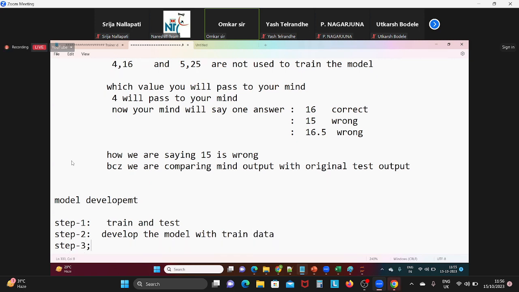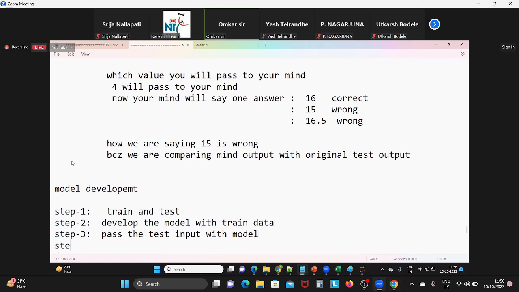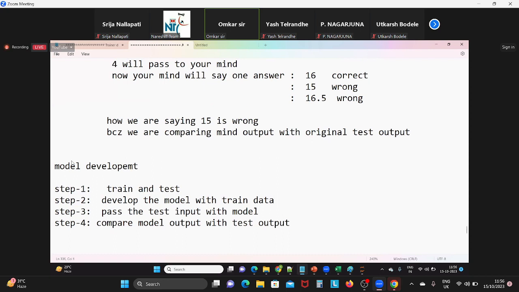Step 3, pass the test input with the model and compare the model output with the test original output. This is the method. Everyone agree with me?